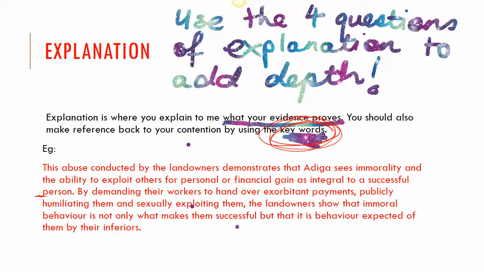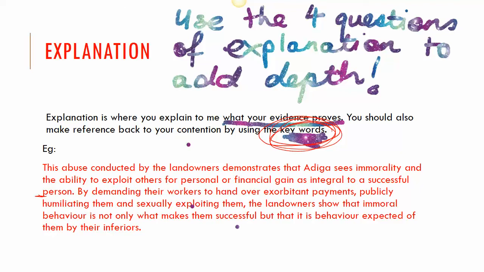By demanding their workers to hand over exorbitant payments, publicly humiliating them and sexually exploiting them, the landowners show that immoral behaviour is not only what makes them successful, but that it is the behaviour expected of them by their inferiors. So, I've just taken it that little bit further, which brings more significance to the individual pieces of evidence that I'm providing.